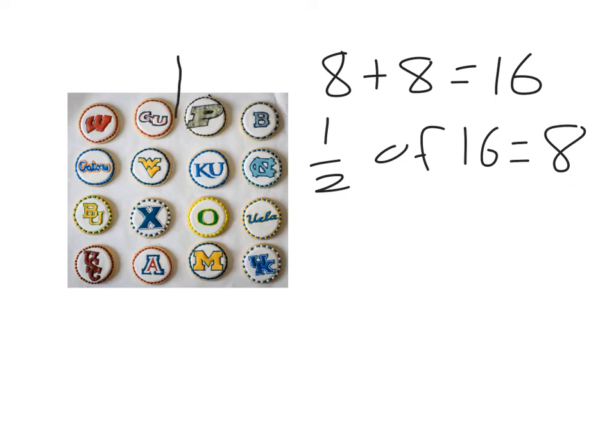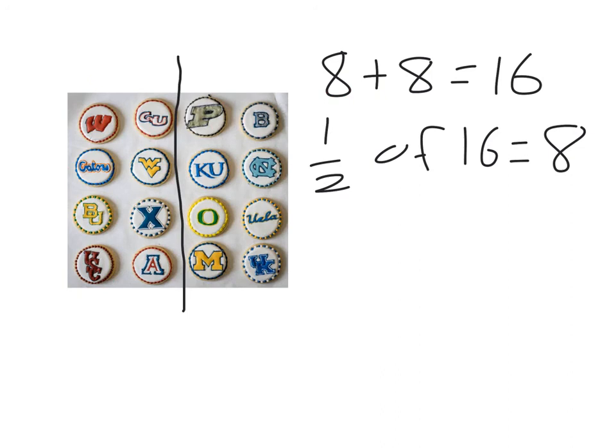So if I put a line down here in the middle, I can see that I have 8 cookies on this side and 8 cookies on that side. So my doubles knowledge, that 8 plus 8 equals 16, helped me to find half of the cookies. Now I can use that doubles knowledge to work out a quarter, because half of a half is a quarter.